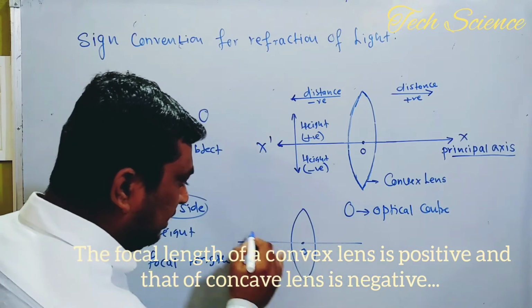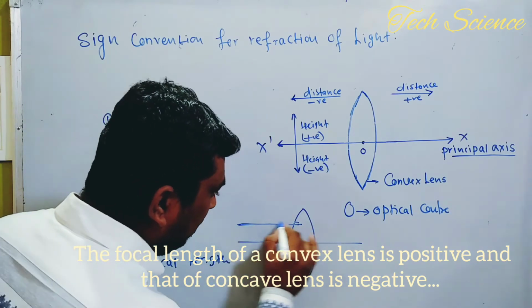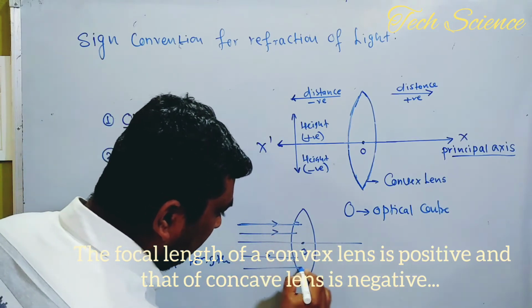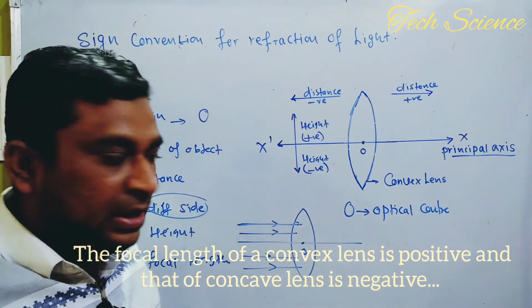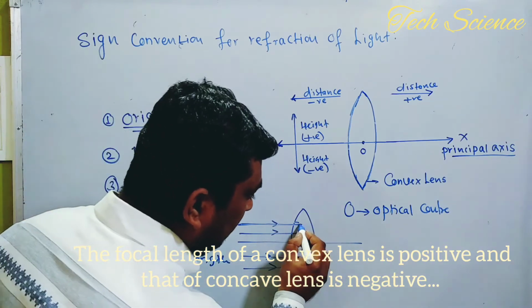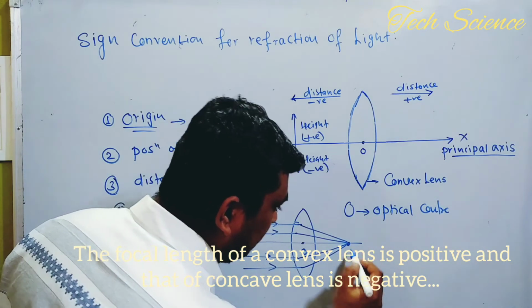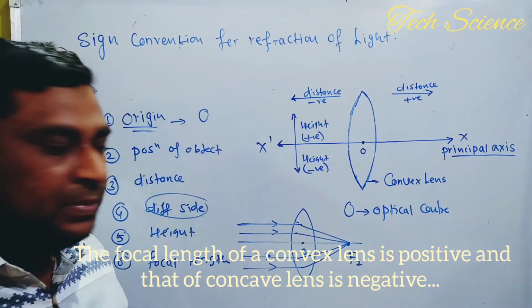This is the optical center, and all the light rays which are parallel to this principal axis, when they travel through this lens, get converged, and after converging they meet at a point somewhere on the principal axis, and this is called the principal focus.